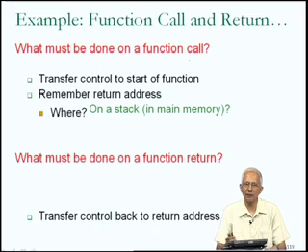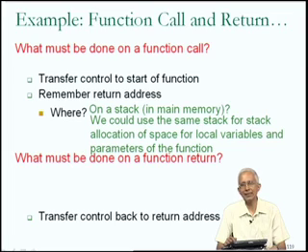And therefore, this will not have a problem with recursive function calls or with nested function calls, and is in fact a reasonable solution for our current situation. Right? So, we are going to assume that this is what we will do. We will assume that when there is a function call, as part of the transfer of control to the callee, the return address inside the caller must be remembered, and that will be done on a stack in main memory.